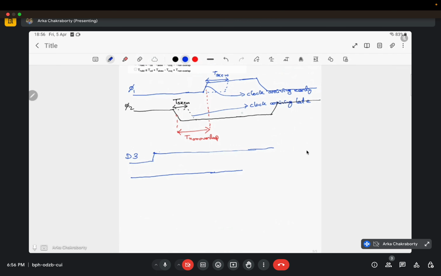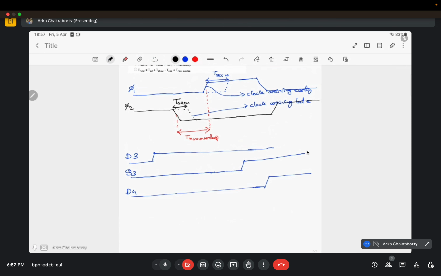It would change somewhere in this region. It would change somewhere in this region. So let this be the point. Okay, and finally my D4 would be, generally there is a combinational circuit after this, so D4 would be after Q3. Something like this. So now let's identify all the delays that are present here.